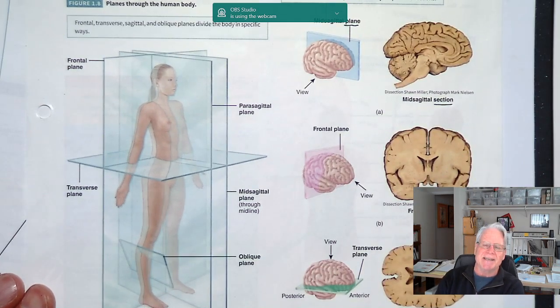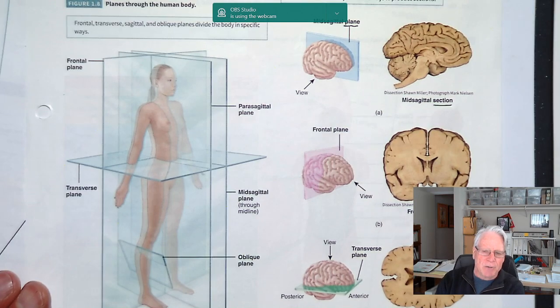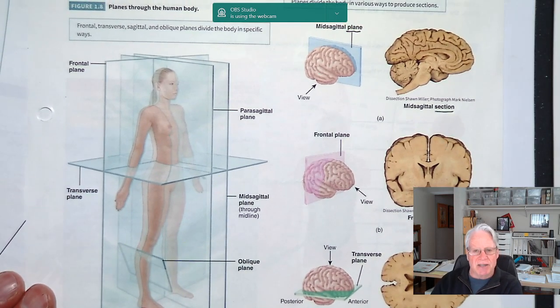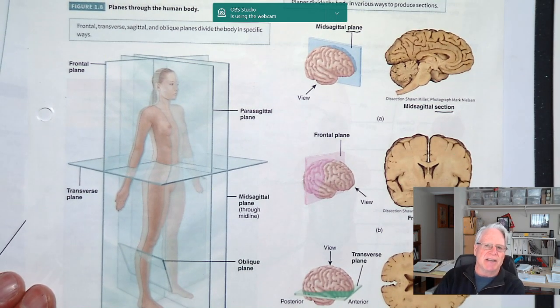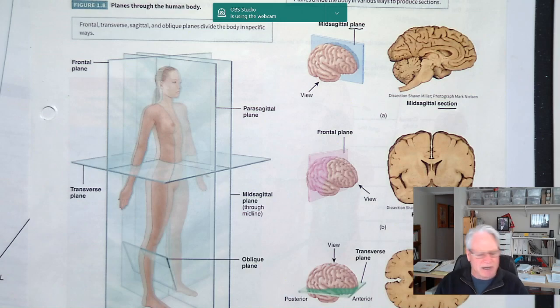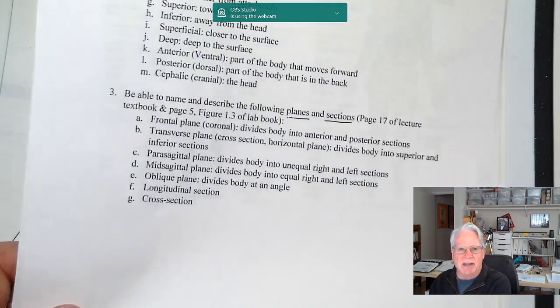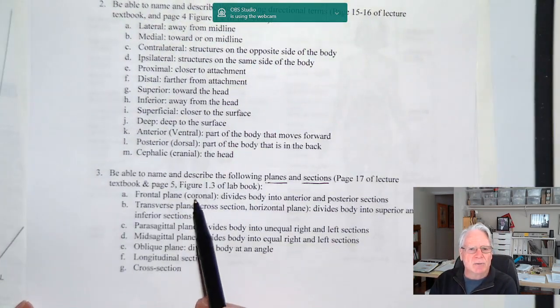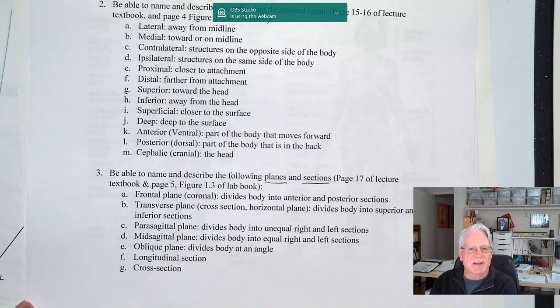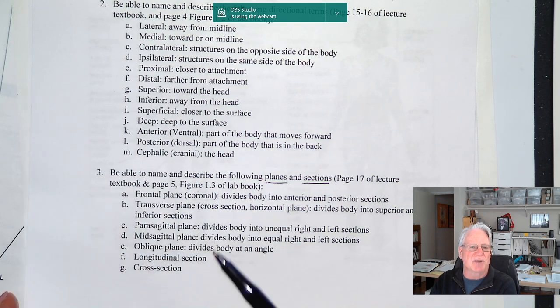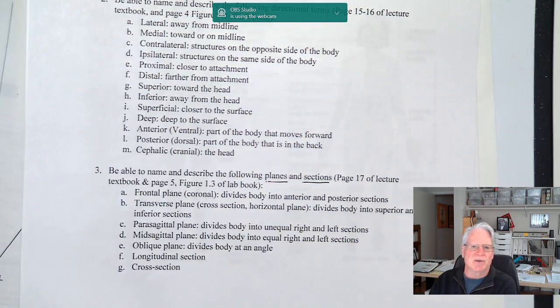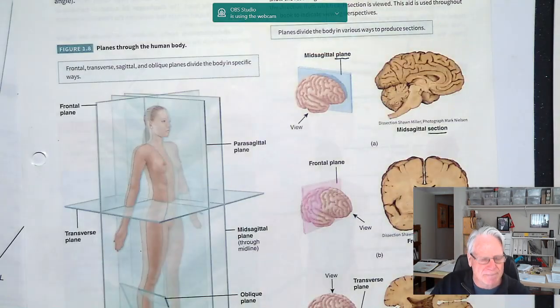But if at the end of cutting it, we have a part that's anterior and a part that's posterior, then that's a frontal plane. It's also sometimes referred to as a coronal plane, as you can see in your study guide. So that's another term that means the same thing as frontal plane. Divides the body into anterior and posterior sections.